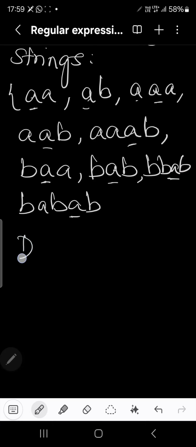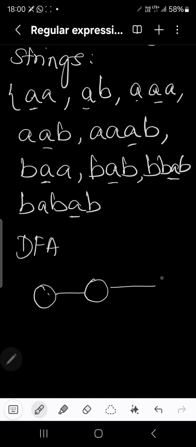Let's try to draw the DFA for this. We'll draw the DFA for the minimalistic strings. We have two minimalistic strings here, AA and AB. So we will draw for that A, and this will be an accepting state. And also we have another minimalistic string, which is AB.